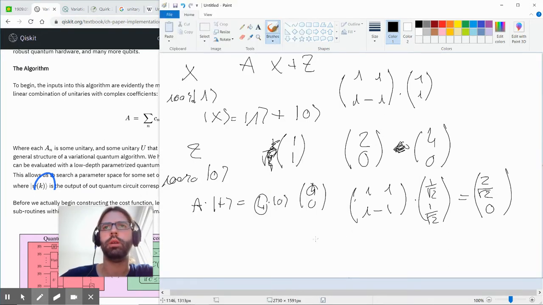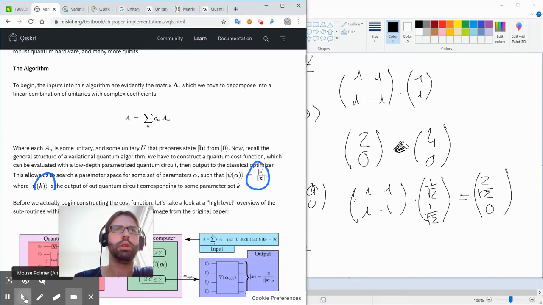So this would then be equal to these, right?